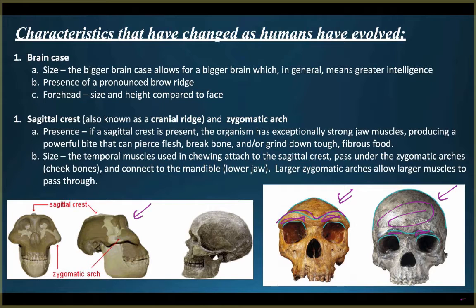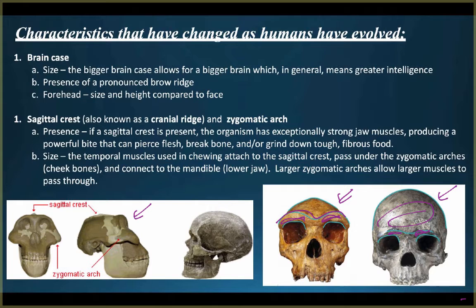Now you have in here the sagittal crest, which is also known as a cranial ridge. If you see the presence of a sagittal crest, that means the organism has an exceptionally strong jawbone.